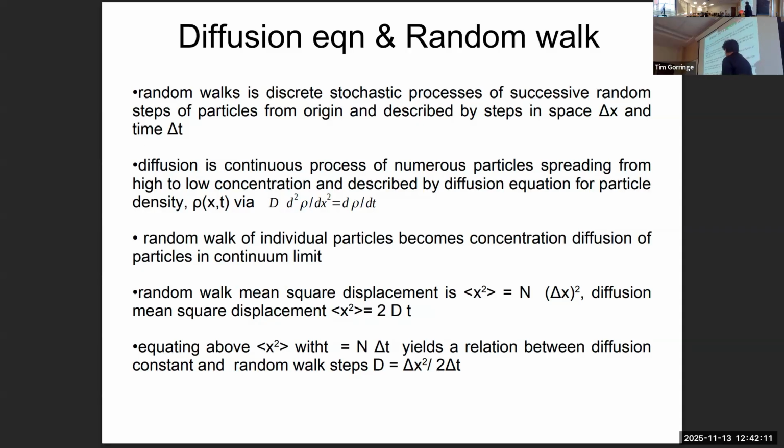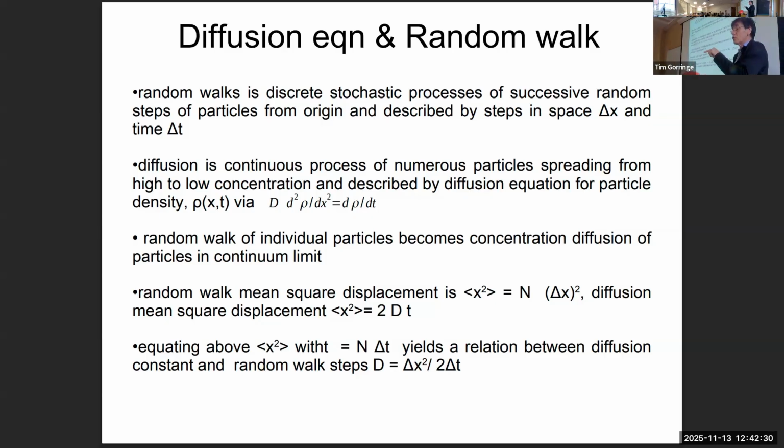And if you do that, then you find that the diffusion constant is just equal to the square of the spatial step size divided by twice the time step size.